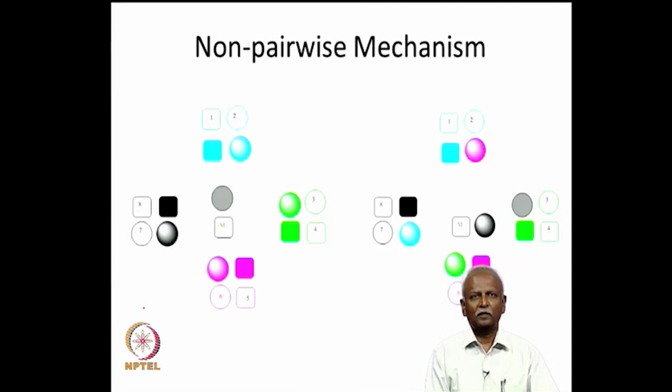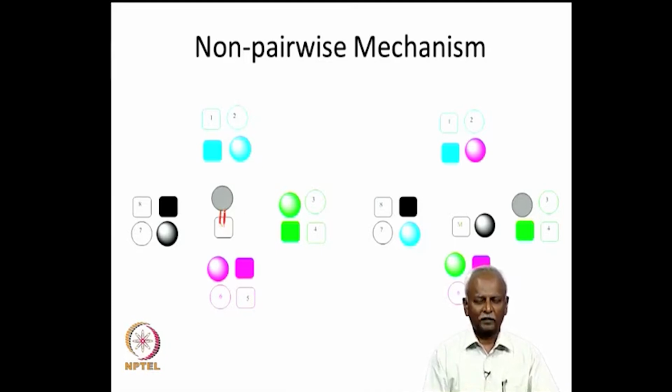So, you will notice that if you take 4 different olefins, you can have a complete random distribution of these olefins.